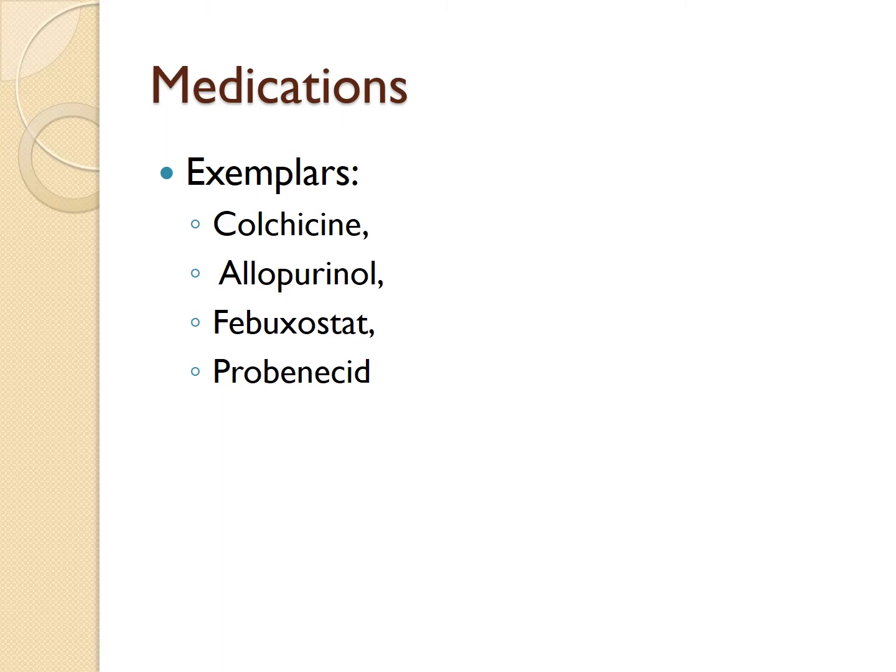Okay, the allopurinol is probably what you're going to see more often given for gout, and that's used to prevent and treat gout. It inhibits the enzyme that is responsible for the conversion of purines to uric acid. Sometimes you'll see this given with chemotherapy because we know gout is a possible side effect, and that increased uric acid is an increased side effect.